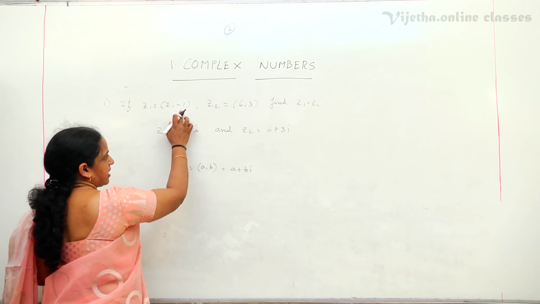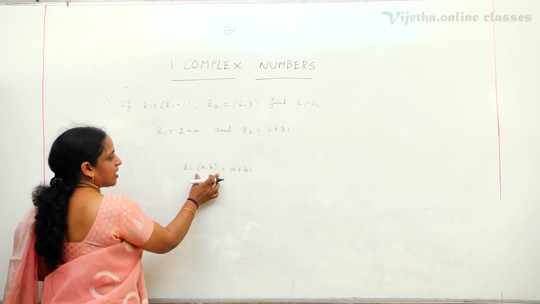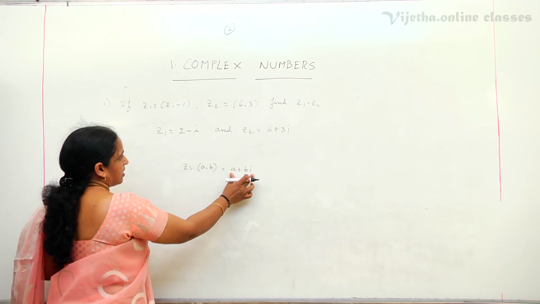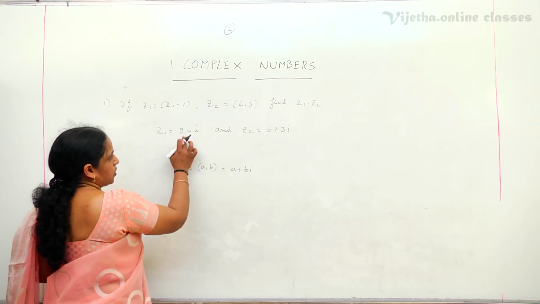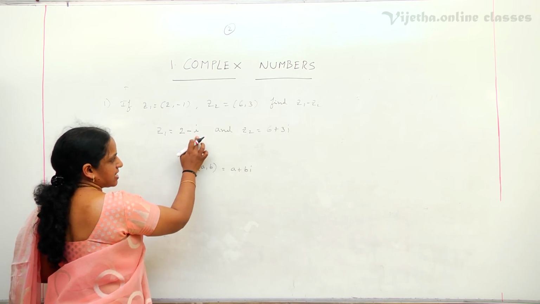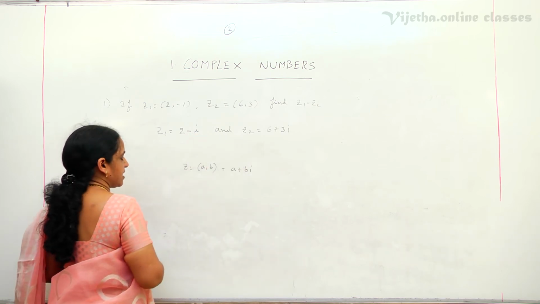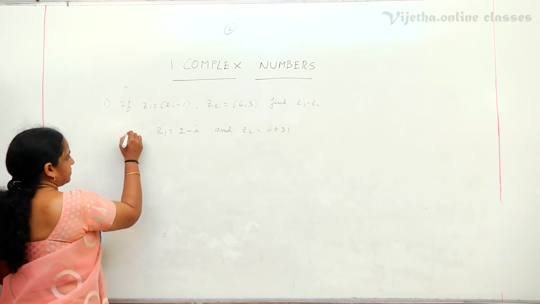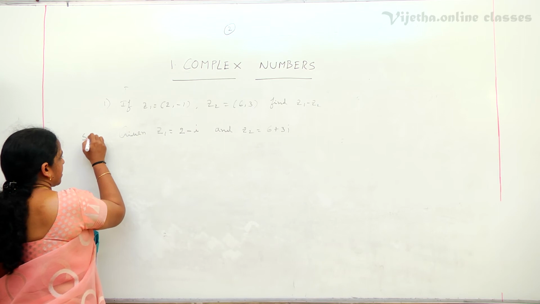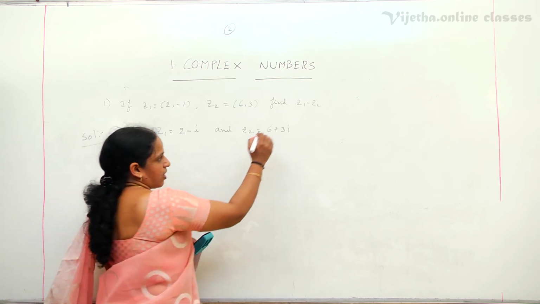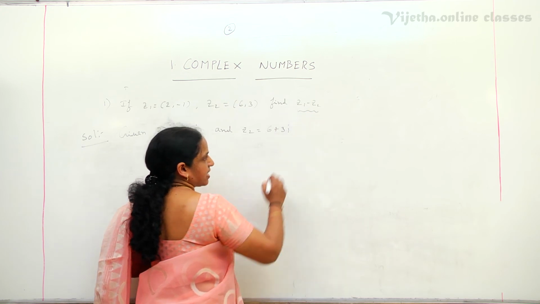Here Z1 is 2 minus 1, in the form of ordered pair a comma b, which equals a plus bi. So 2 plus minus 1 into i, 2 minus i. And Z2 is 6 plus 3i. These are the Z1 and Z2 values. Now find the value of Z1 minus Z2.